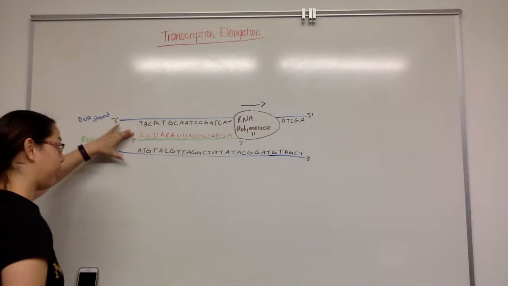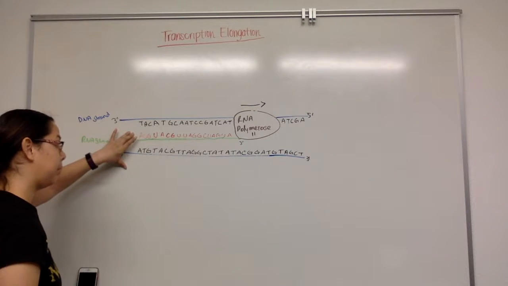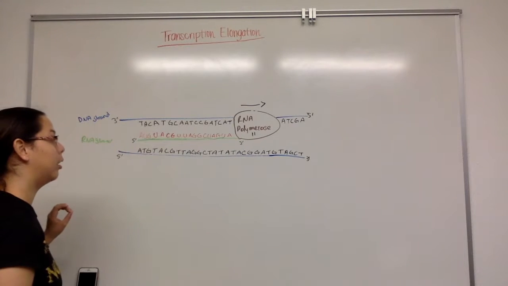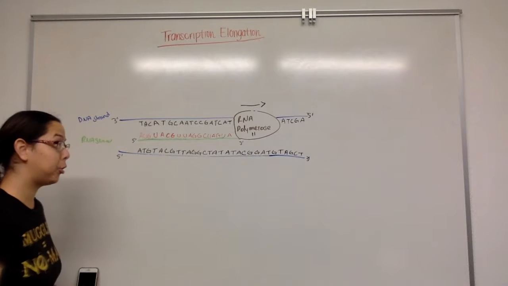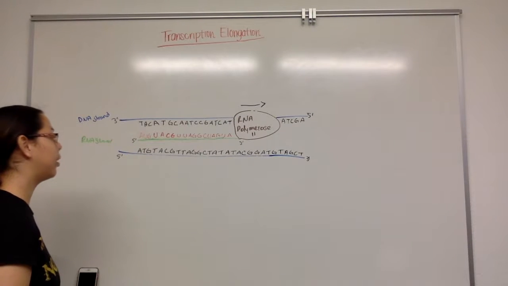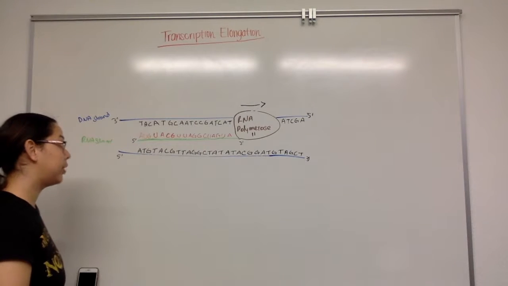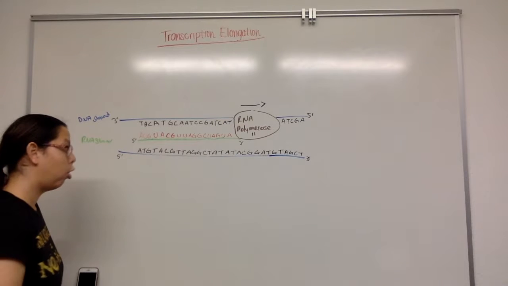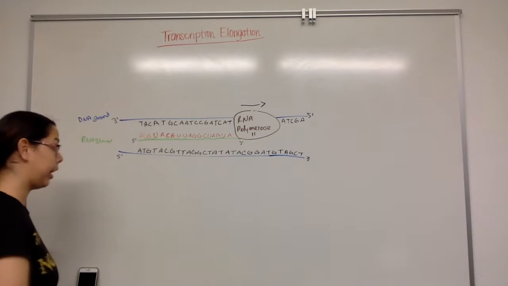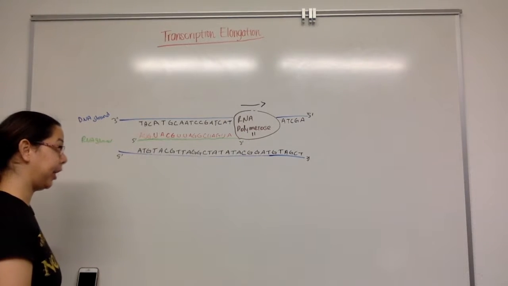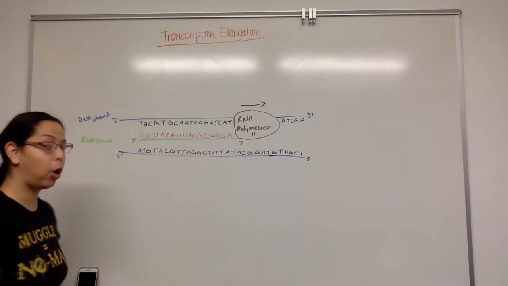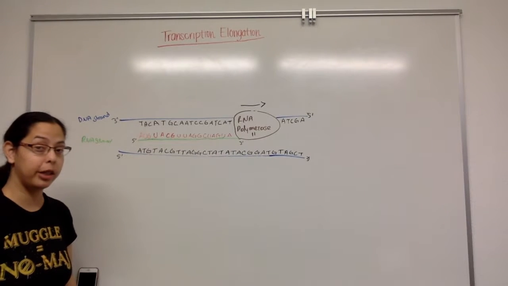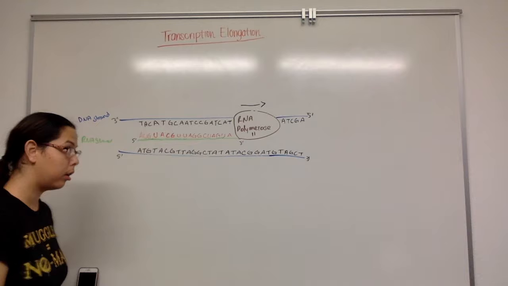This RNA strand will eventually become translated. RNA polymerase 2 begins transcribing the RNA strand at the nucleotide sequence TAC. When transcribed into RNA, it is AUG, which is the codon for methionine, the start codon for all mRNA.